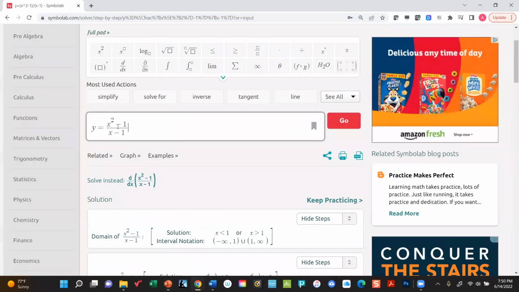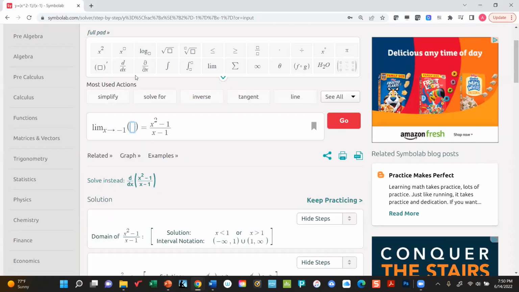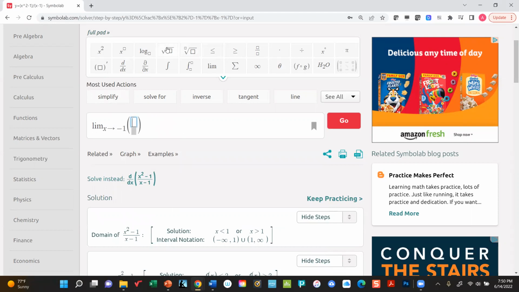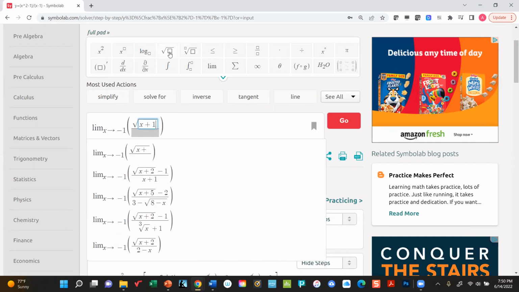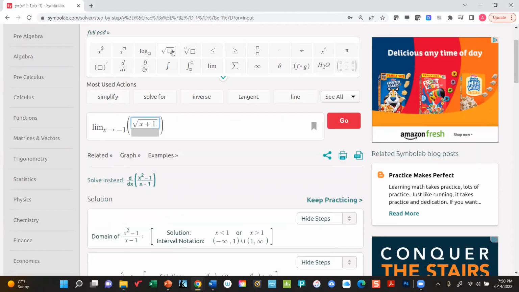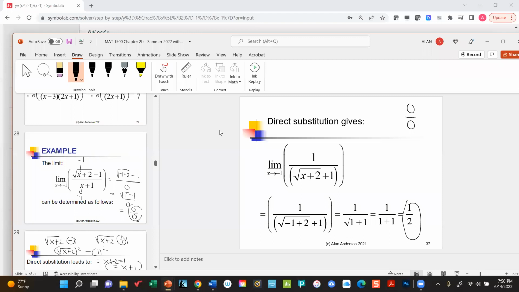Limit as x goes to -1 of the ratio radical x plus 2 minus 1 over x plus 1.